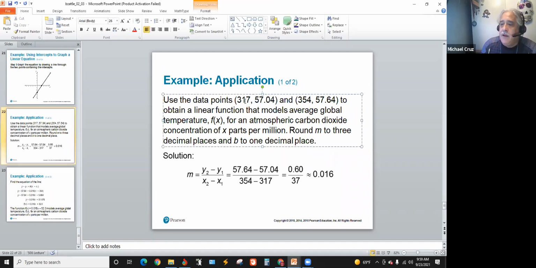So as I said, this is x1, y1, x2, y2. In the numerator is the change in y, the rise. So y2, 57.64 minus, that's built in, 57.04.